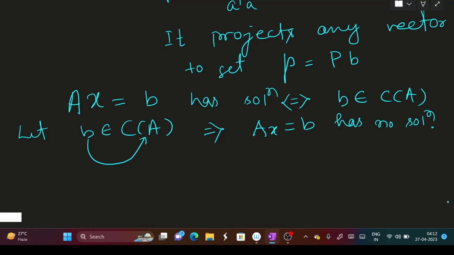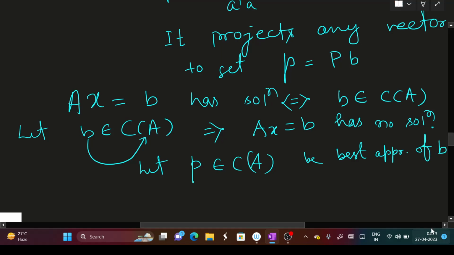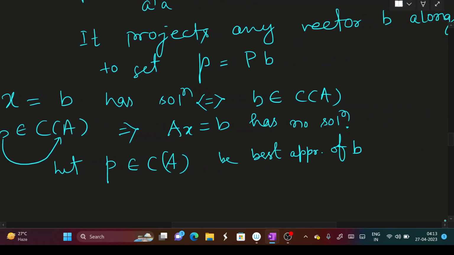Let that vector be P. Let P belong to C of A be the closest approximation, best approximation of B in C of A.